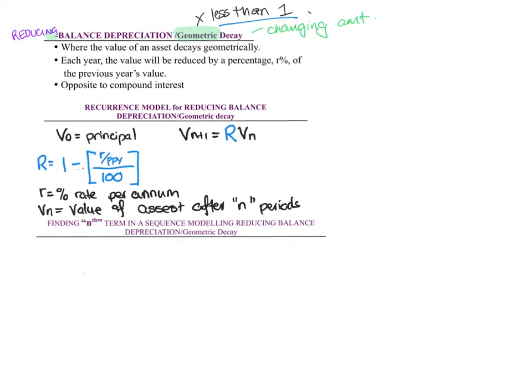And now, like all the other ones, we could do these slowly on our calculator, but that takes forever. So sometimes we're going to be asked to find the nth term there. So we need to get our formulas for the nth term.